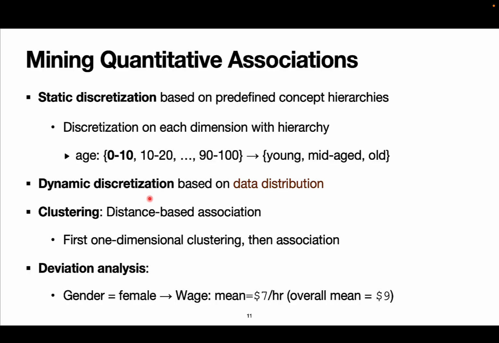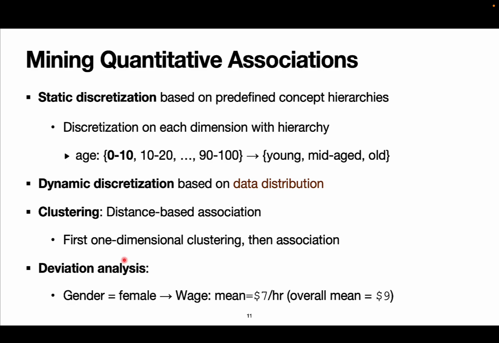So instead, we can use dynamic discretization, which adapts to the data distribution, which in return allows focusing on meaningful age ranges, let's say from 20 to 40, or wherever the majority of customers fall in the distribution.